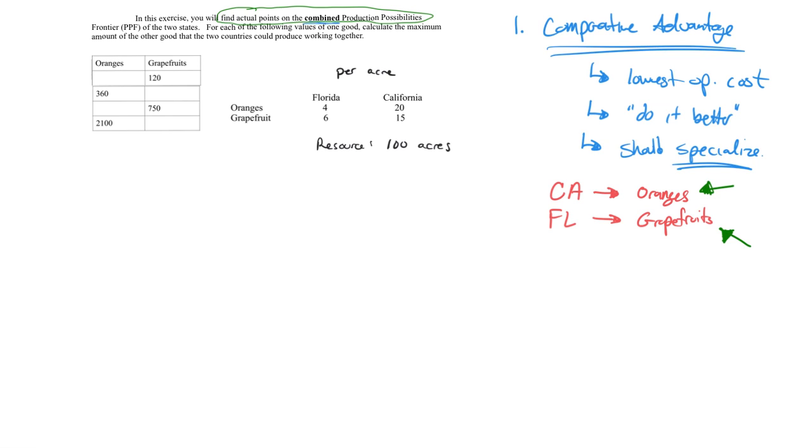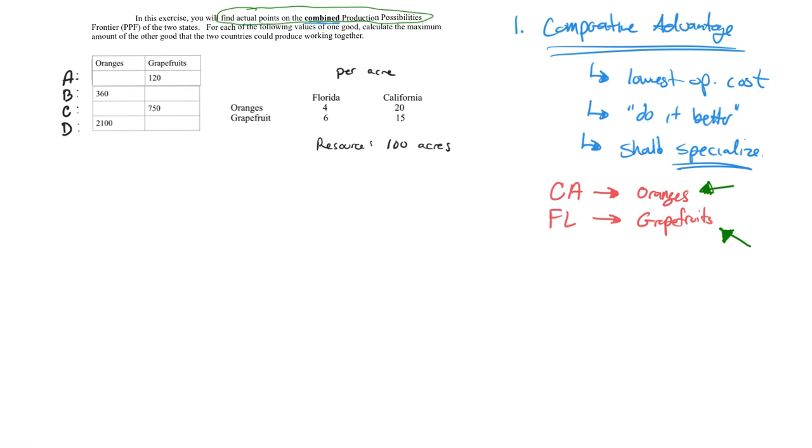This specific question is trying to find 4 different points along a production possibility frontier if they are working together. I am going to say this is point A, point B, point C, point D. So we're going to talk about these 4 different combinations.